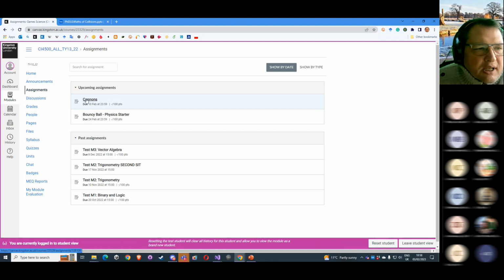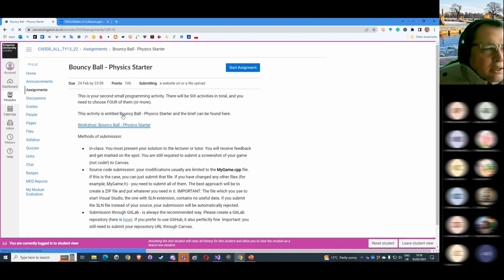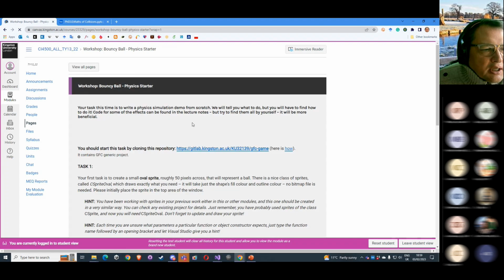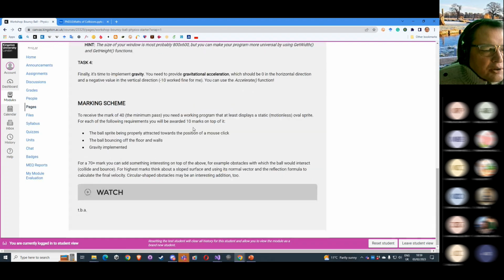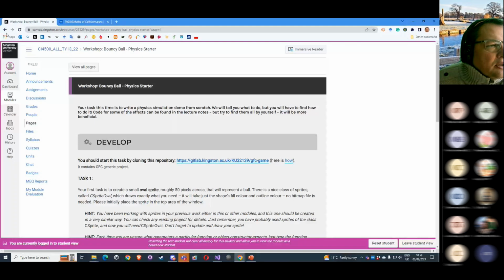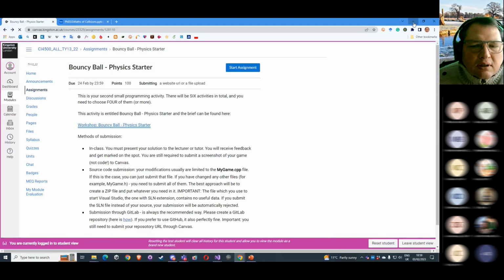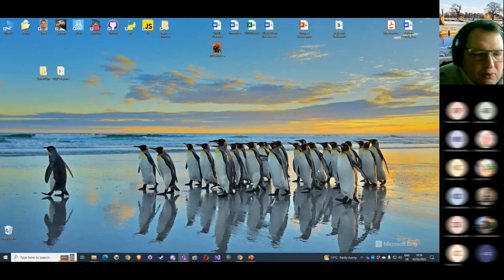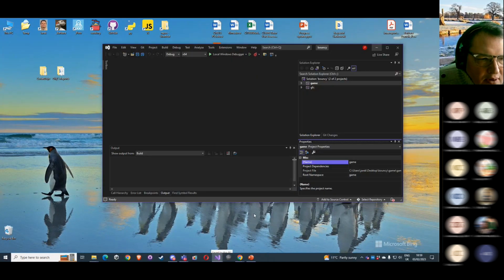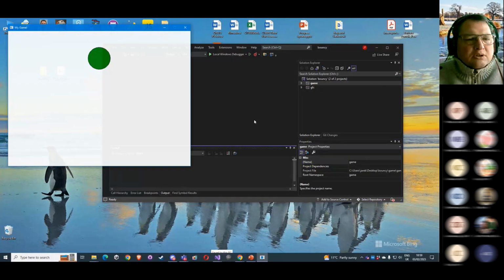Canons, which were presented last week, and the deadline for submission of canons is 10th of February, and a new one, Bouncy Ball Physics Starter, which is due by 24th February, so in 3 weeks' time. Bouncy Ball has a proper discussion and explanation here, and I also have a presentable version of the Bouncy project, which looks like this.